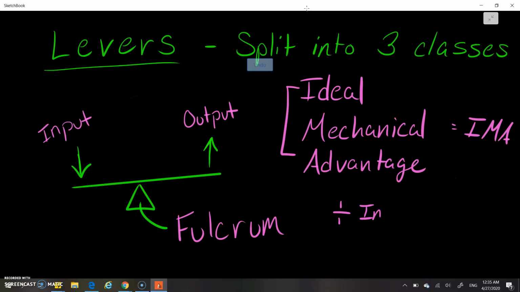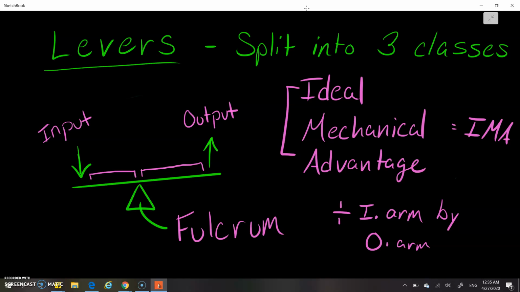I'm just going to make my life a little bit easier and abbreviate. I'm going to divide the input arm, which is how far my input is from the fulcrum, by the output arm, which is the distance between the output and the fulcrum.